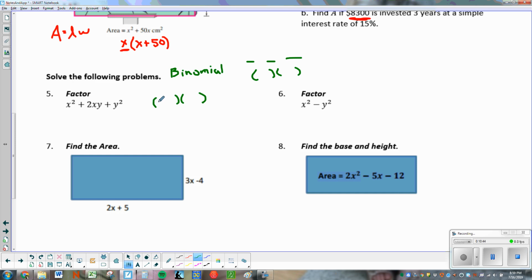So looking at this, I know I have x's and y's involved here. What if I have two x plus y's? What's going to happen if I try to FOIL those? This is a working backwards idea. I get x times x, which is x squared, x times y, which we just write as xy, y times x, which we can also write as xy, and y times y, which is y squared.